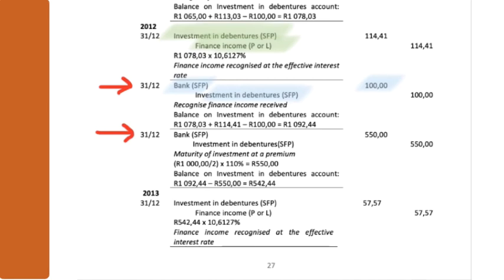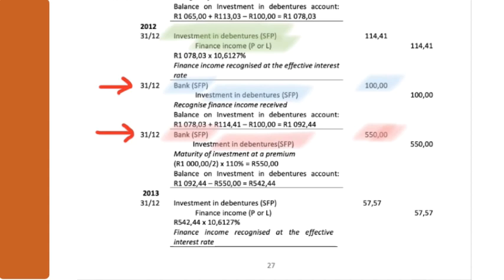But there was also a maturity payment on this date. So again, we receive money, we receive some capital back, the principal payment. We already looked at the cash flow calculations. We know that we receive 550 Rand, contra account the investment in the debenture.